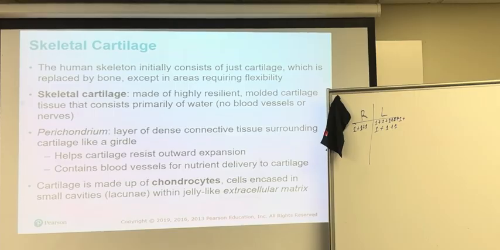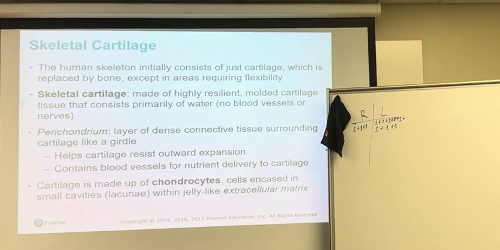Remember, when we were talking about the different parts of the bone, there is a place called the perichondrium. What is that? This is the layer of dense connective tissue surrounding cartilage like a girdle. It helps cartilage resist outward expansion and contains blood vessels for nutrient delivery to cartilage.